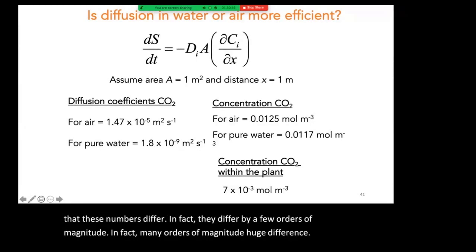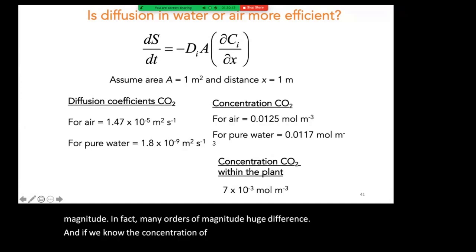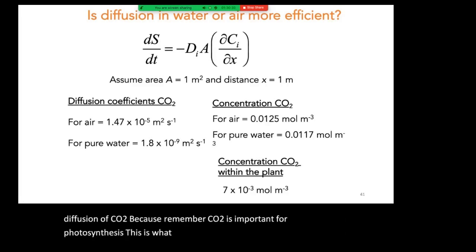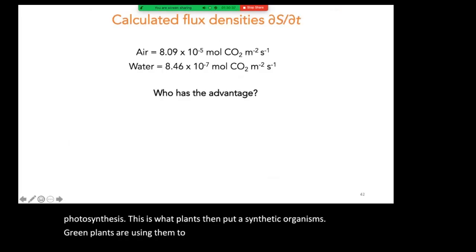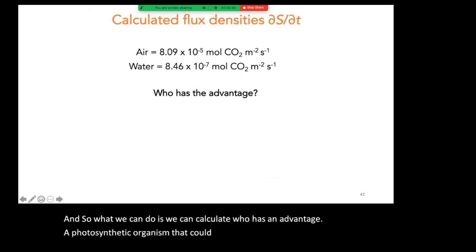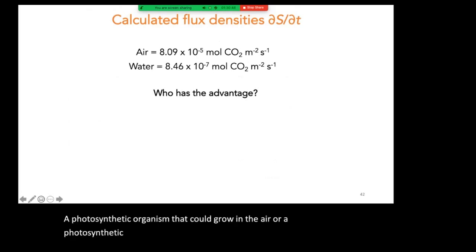If we know the concentration of CO2 in pure water and the CO2 concentration in air in the atmosphere, we can now calculate the rate of diffusion of CO2, because CO2 is important for photosynthesis. This is what green plants, photosynthetic organisms, are using to grow. So we can calculate who has an advantage, a photosynthetic organism that could grow in the air or one that could grow in the water.